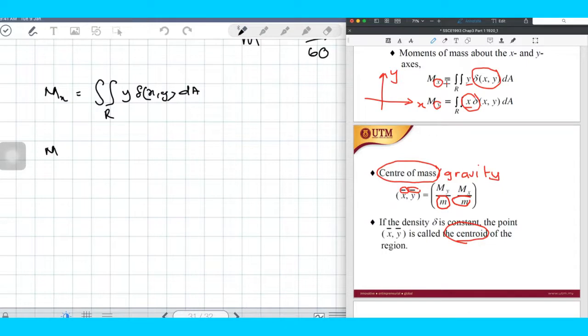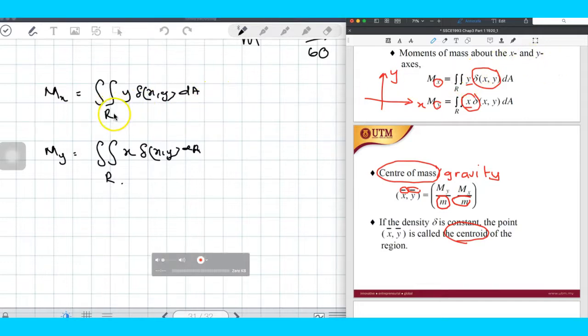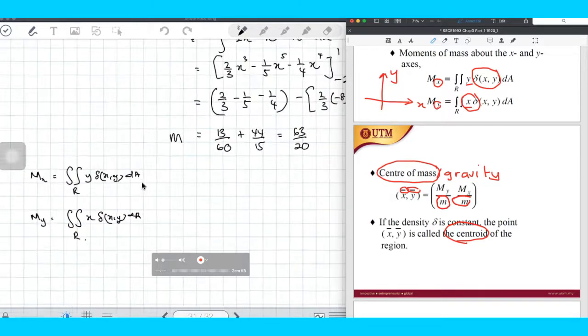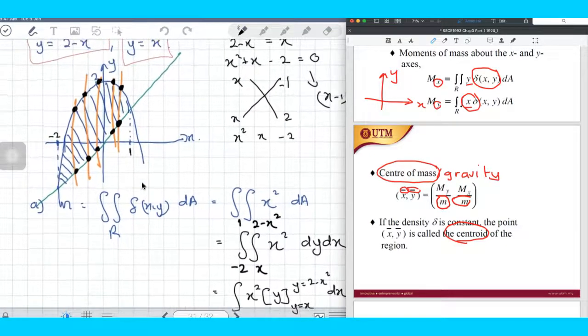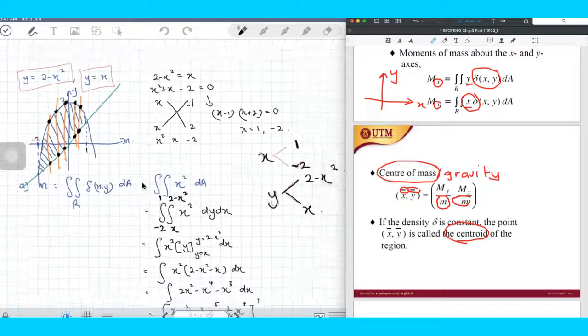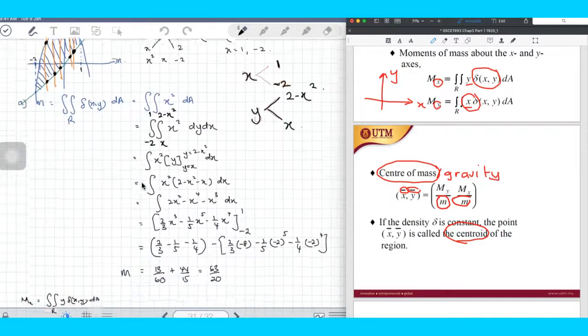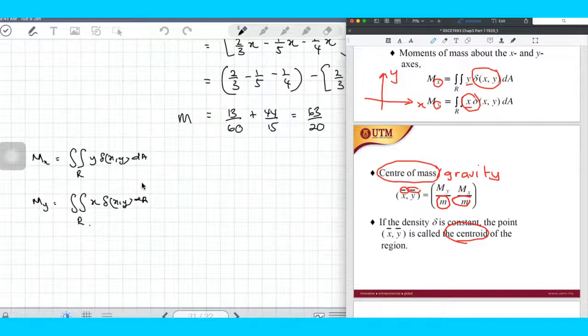Since both are over the region R, you can use the same region that you sketched in the beginning. Your limits are also the same; the only change is the integrand.